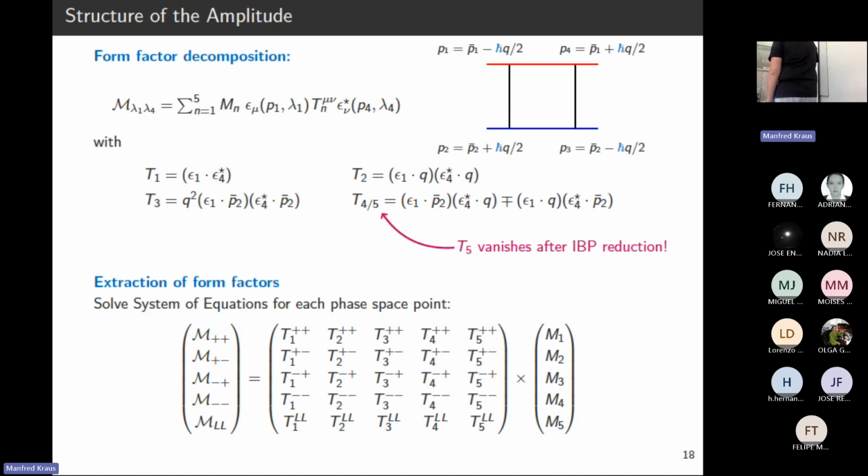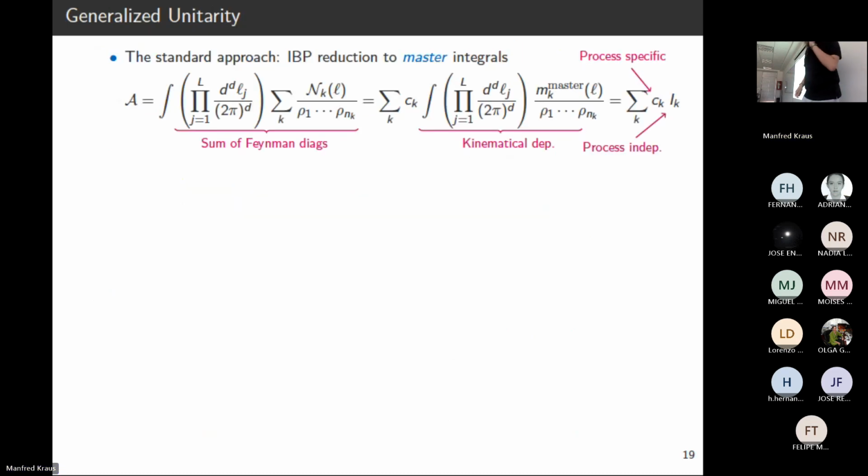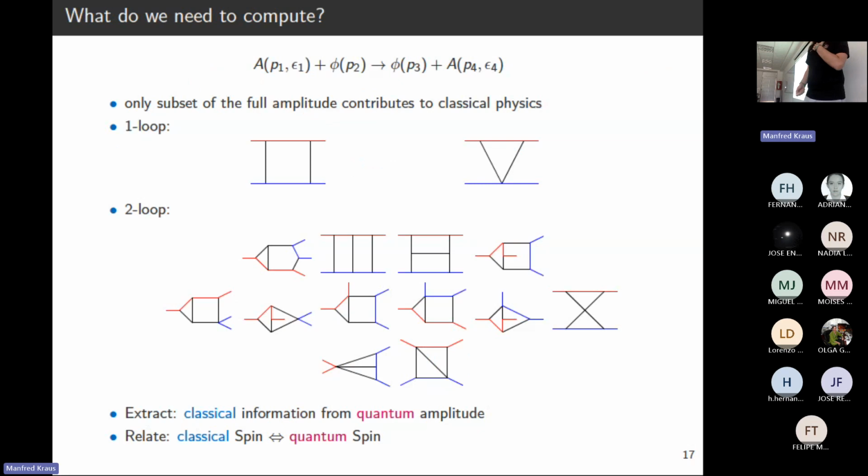You can now compute numerically what these scalar coefficients are. Not so important how we do it, but you have this decomposition of scalars and the spin part is separate. So how do we do this computation in the first place? How do we compute all of these diagrams? Because just writing down the loop Feynman diagrams for these things would be horrible.